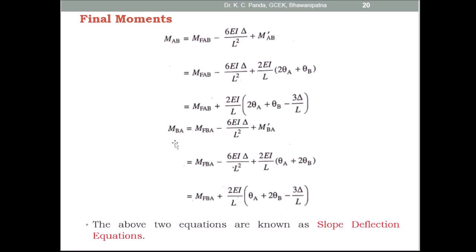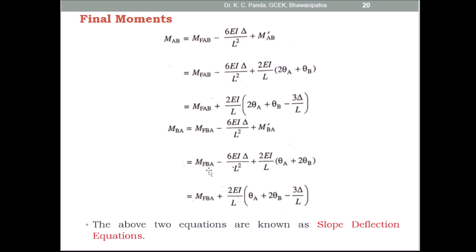Similarly, the MBA you can find out by taking the moment due to transverse loading, the moment due to the translation displacement, and the moment due to the rotational displacement.